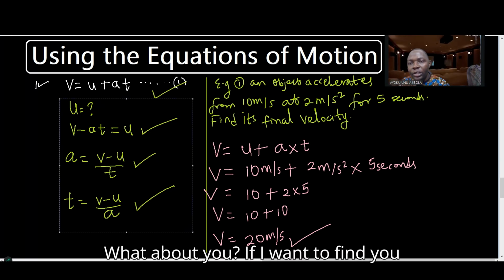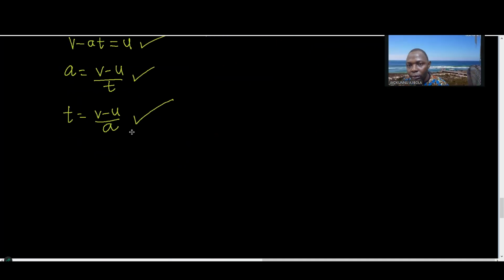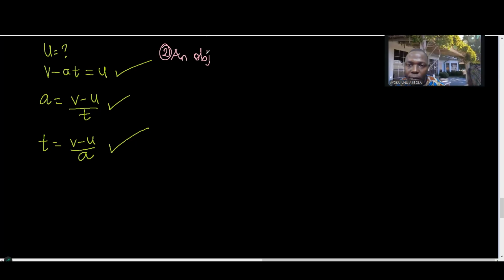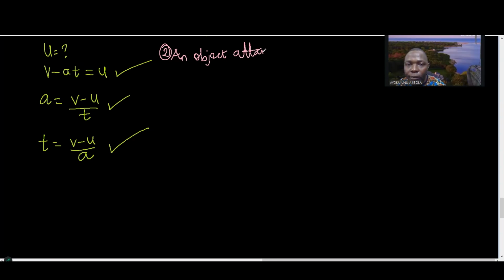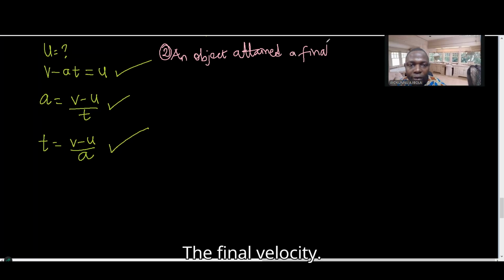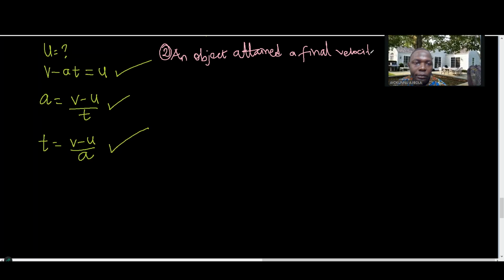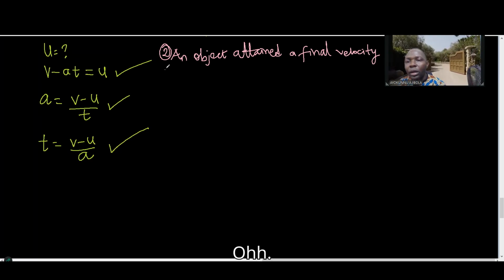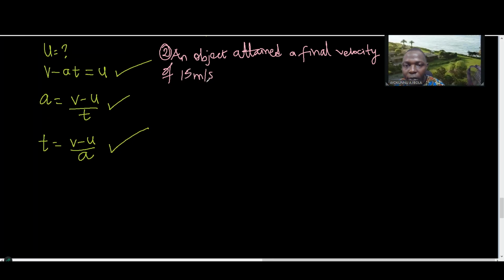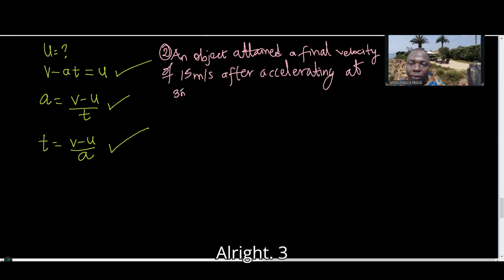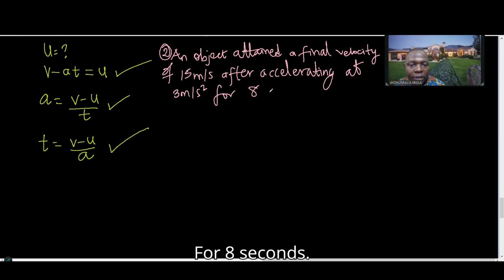What about U? If I want to find U separately, hold on. An object attained a final velocity of 15 meters per second after accelerating at 3 meters per second square for 8 seconds.